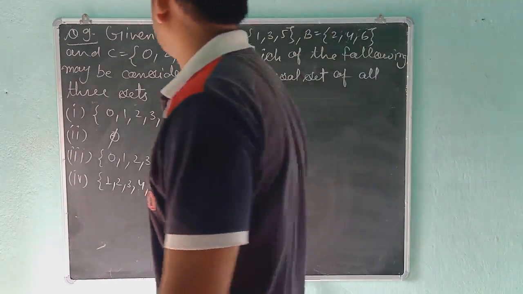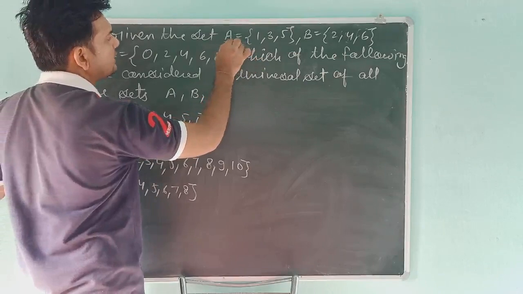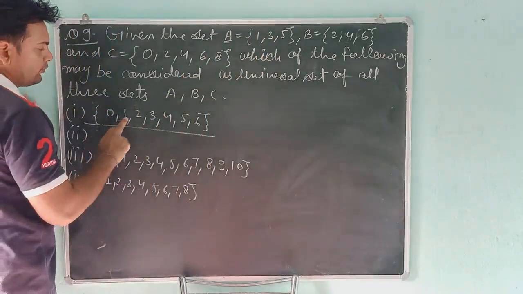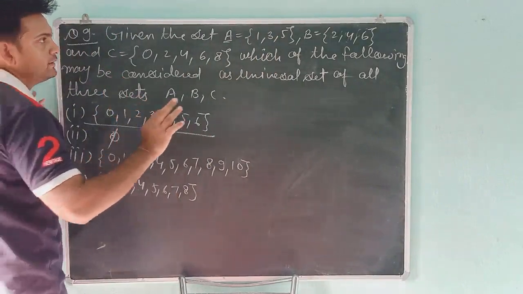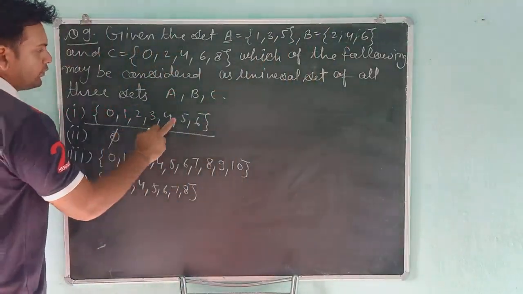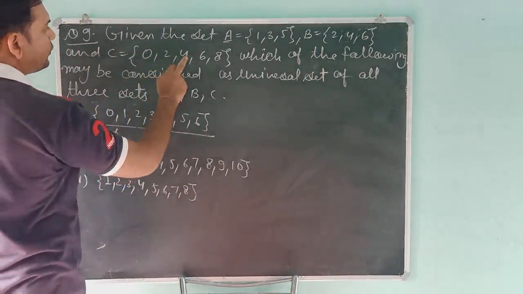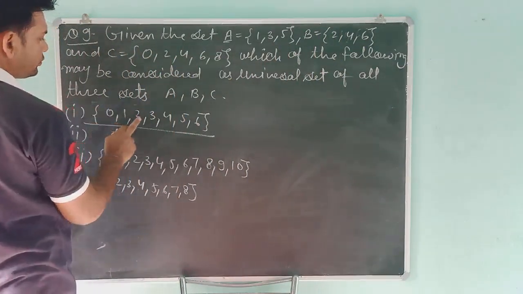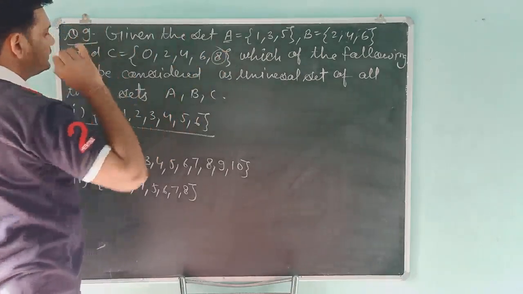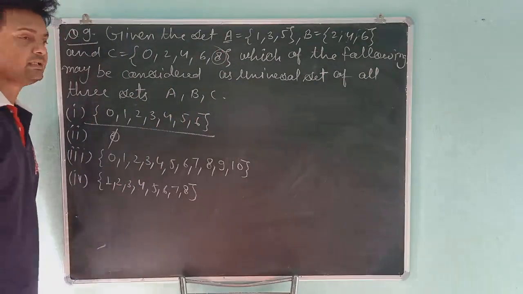So first of all we will take the first option. In set A we have 1, 3, 5, and here is also 1, 3, 5. B is 2, 4, 6, this is right. And C is 0, 2, 4, 6, 8. 8 is missing in the first.